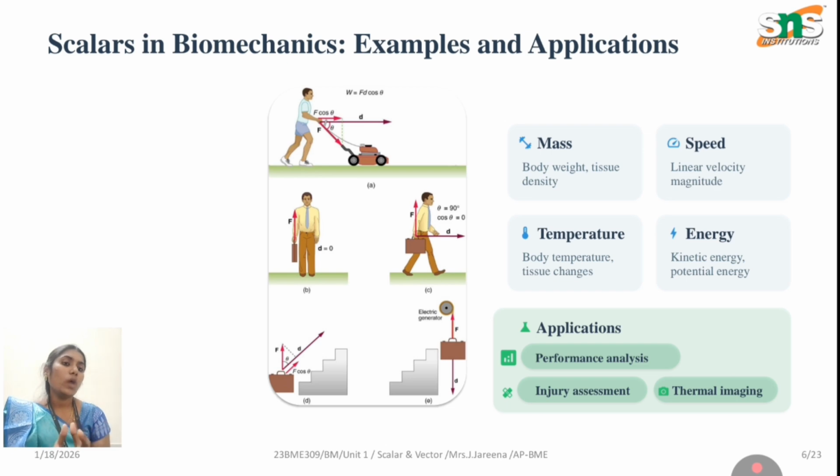Everything we can assess with the help of scalars. And also you can do thermal imaging, because there is the involvement of temperature. You can have a heat distribution, that is the temperature distribution of the skin or tissue. With the help of that you can identify so many problems. One such device is called the thermal imaging technique.